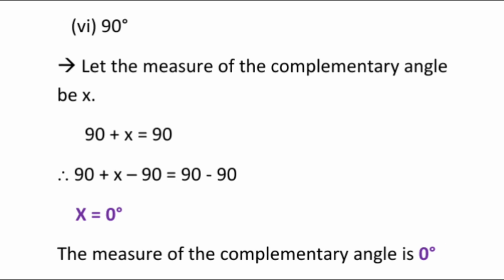Let the measure of the complementary angle be x. Then 90 plus x will give the addition 90. Then subtracting 90 from both the sides, x is equal to 0. The measure of the complementary angle is 0. 0 and 90, its addition is 90. So the measure of the complementary angle is 0 here.